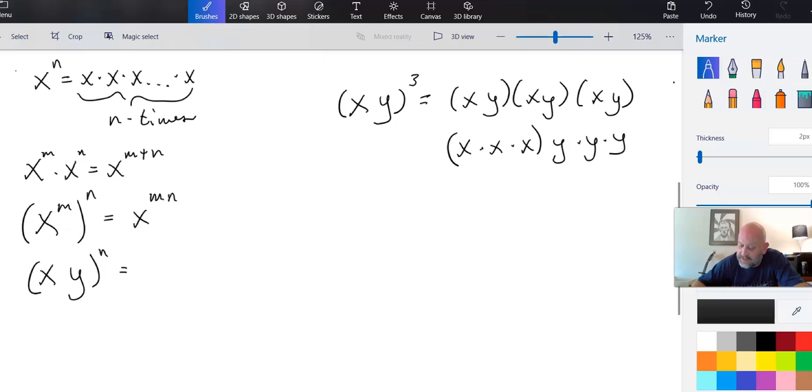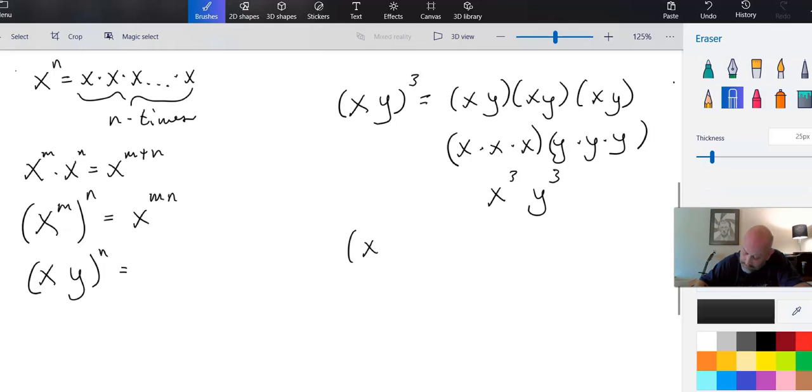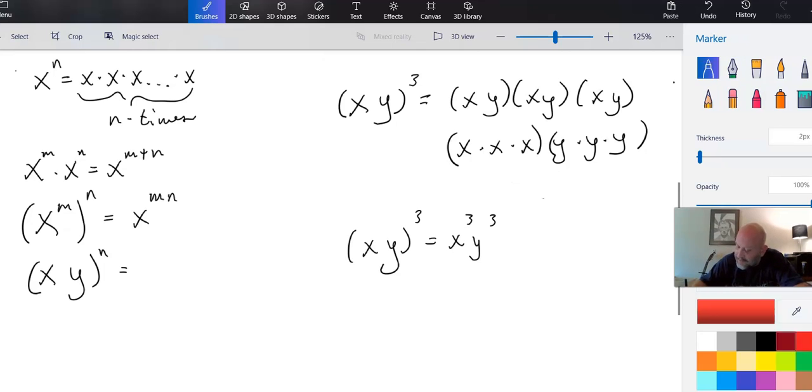right? Notice I group these together and group these together, which gives me x to the third times y to the third. Now, if I write this whole thing out, you can kind of see it a little better. If I have xy to the third is equal to x to the third, y to the third, you notice what's really happening is this exponent is distributing over multiplication.